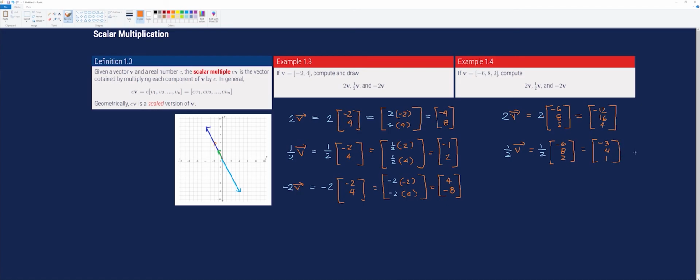So this is now the new vector. And finally, let's perform the last operation. We have -2 times the column vector -6, 8, and 2. This is equivalent to +12, -16, and -4. So that's how we do scalar multiplication.